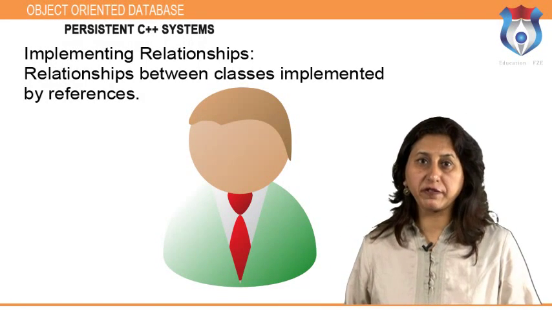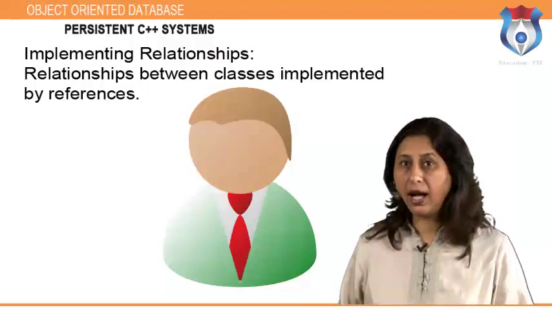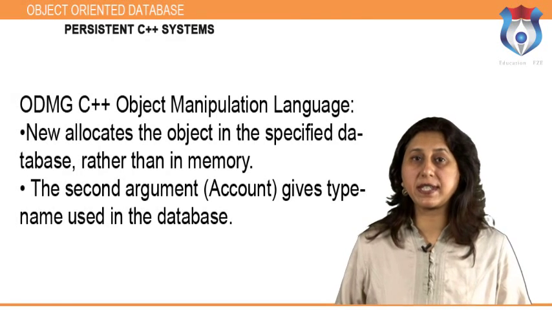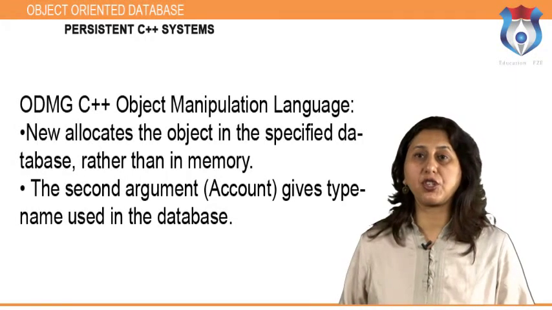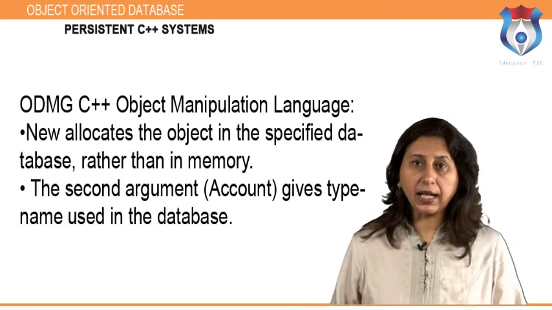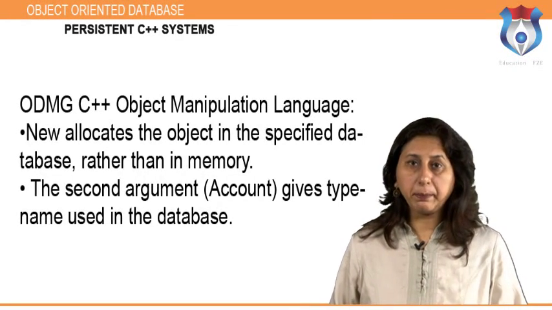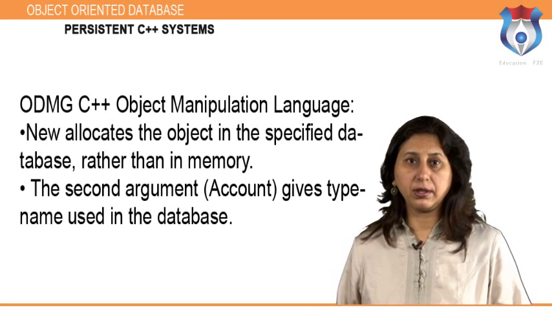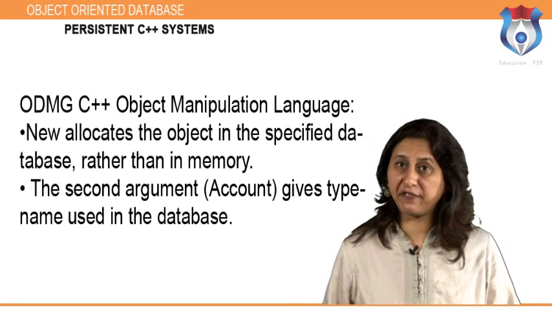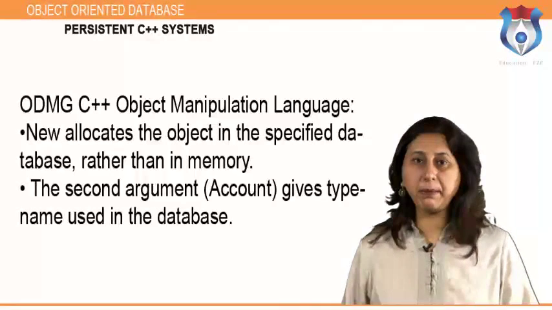Assignment method of class d_Rel_Ref is overloaded. It uses persistent versions of C++ operators such as new, for example d_Ref<Account> account = new(bank_db, "Account") Account. New allocates the object in the specified database rather than in memory.